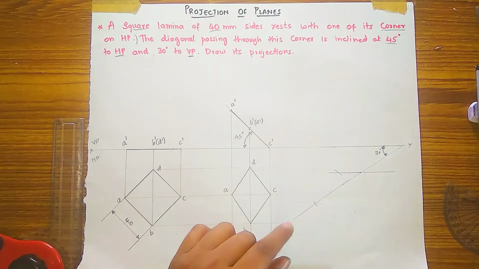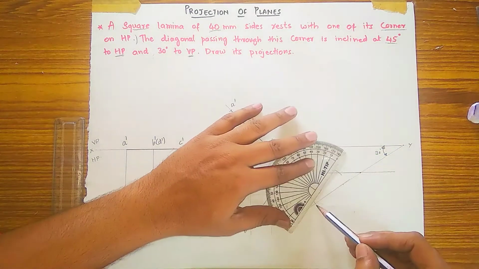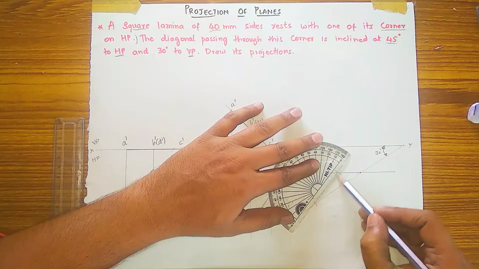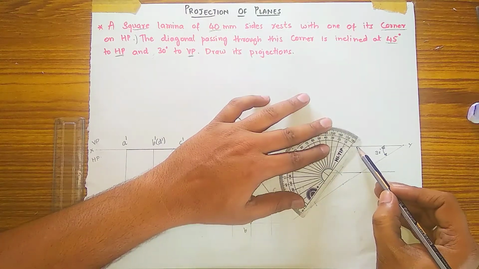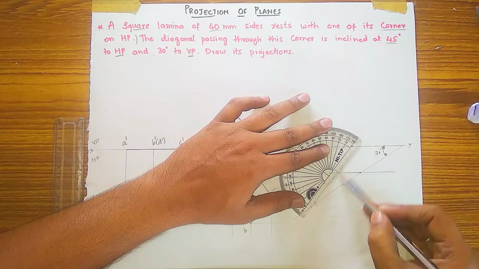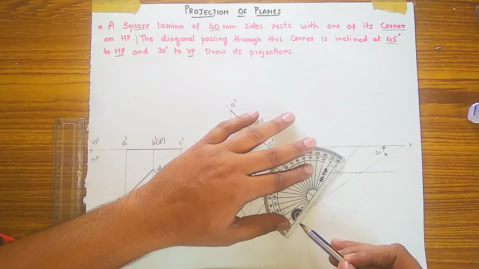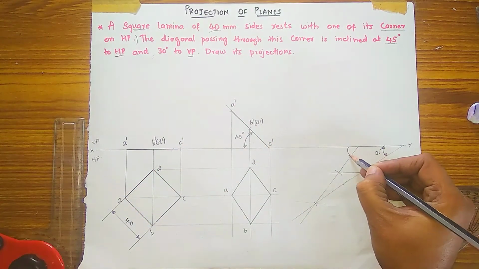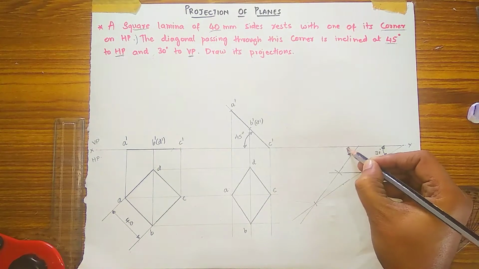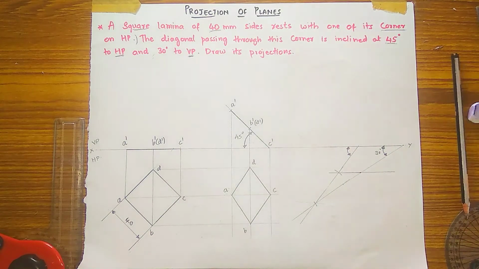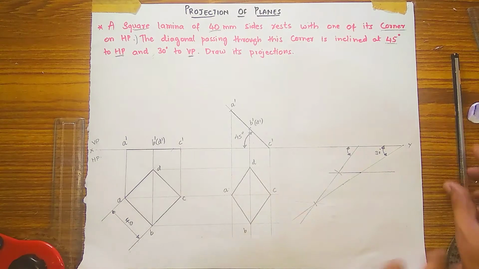This point and this point is the true angle of this third projection. Then you have to show the angle also.